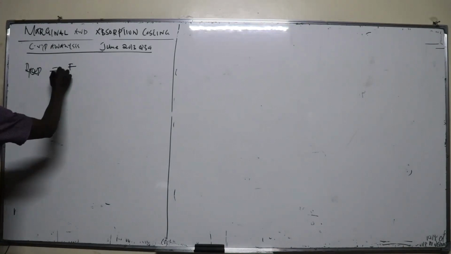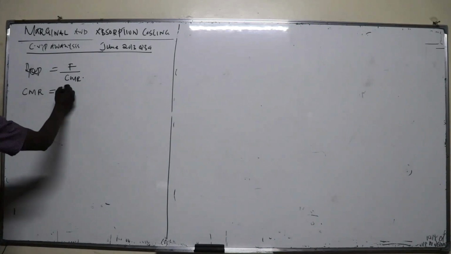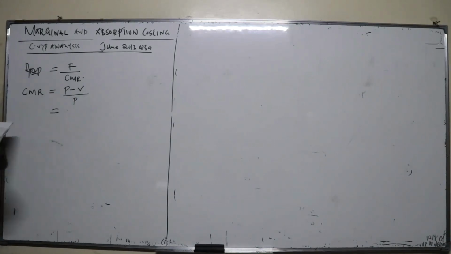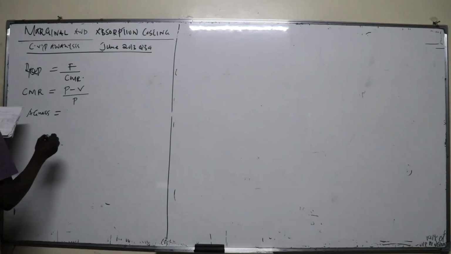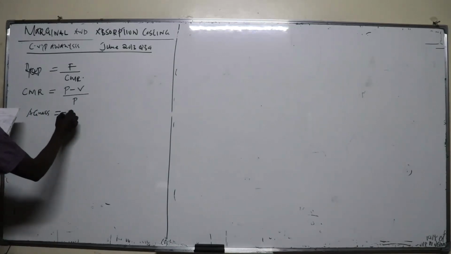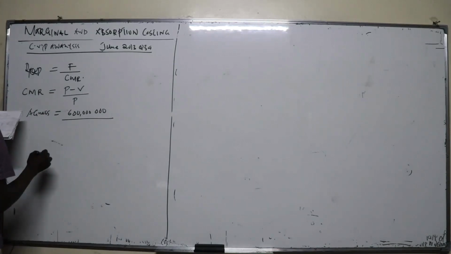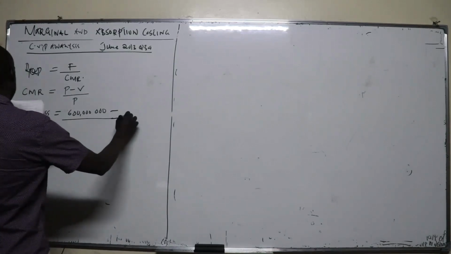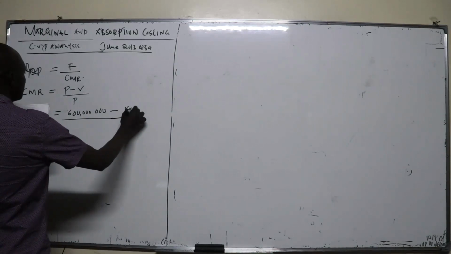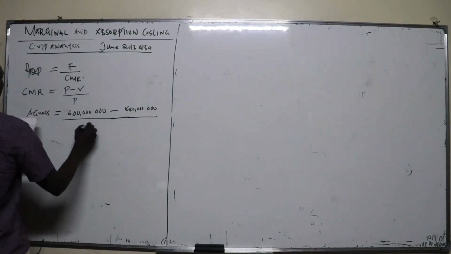So here it is fixed cost over contribution margin ratio. We already have the fixed cost, so we compute the contribution margin ratio, which is P minus V over P. For Agnes, P is the total sales, 600 million, minus the variable cost, 480 million, over 600 million.